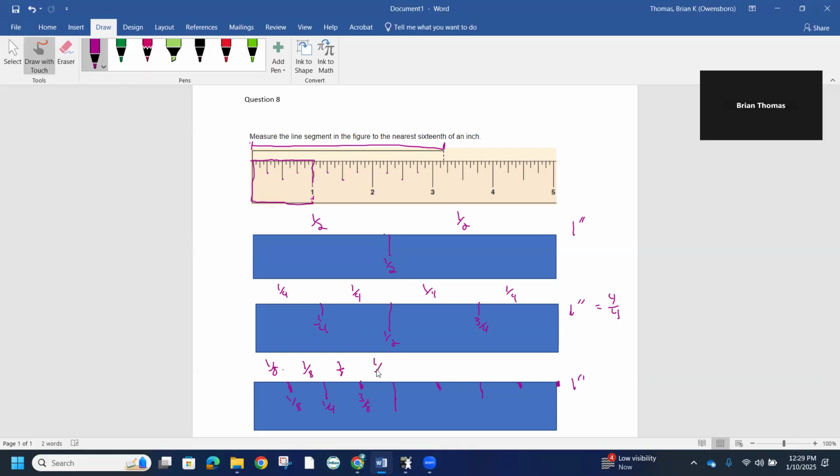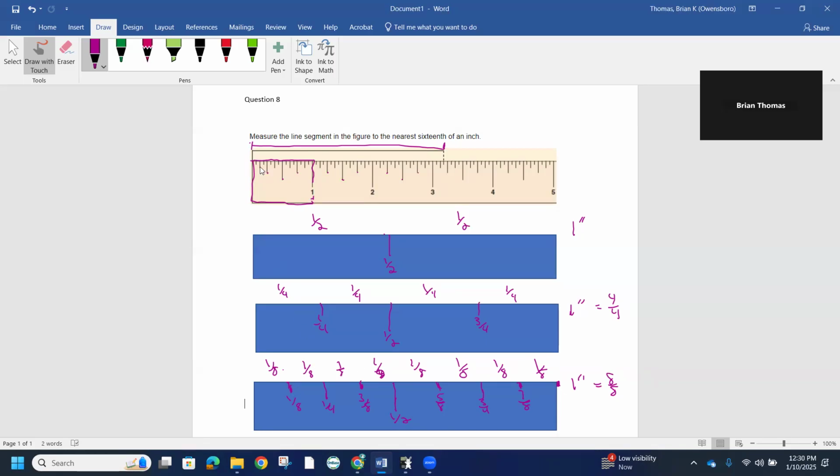Then another eighth makes 4/8, or what we call a half. Another eighth is 5/8. Another eighth is 6/8, but we also call that 3/4. And then we have 7/8. And if we do another one, 8/8 would be the same thing as one whole inch. These smaller markings are now called the eighth marks.